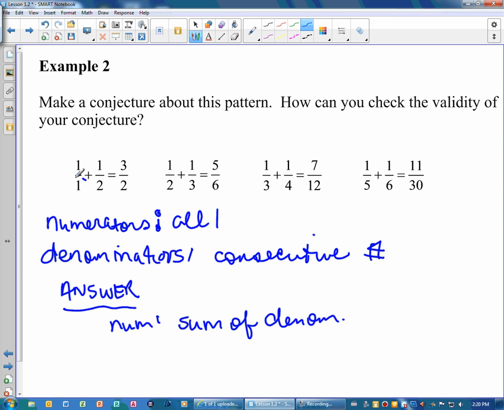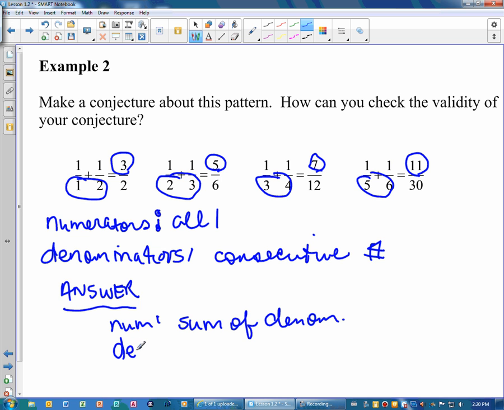We have a 1 and a 2 on the bottom, gives us a 3. We have a 2 and a 3 on the bottom, gives us a 5. 3 and 4 make 7, and 5 and 6 make 11. So that's kind of cool. Okay, so in my answer, the numerator is the sum of the denominators.